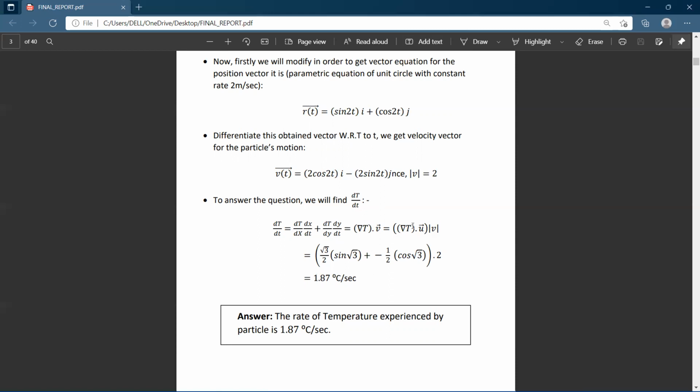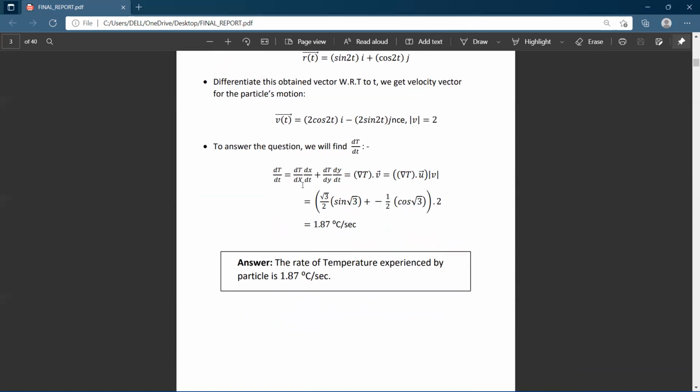The unit vector u is the vector v divided by the modulus of v, so I multiply here by the modulus of vector v. Substituting all the values, the value we obtained in part A, and simplifying these steps, we get 1.87 degrees Celsius per second.